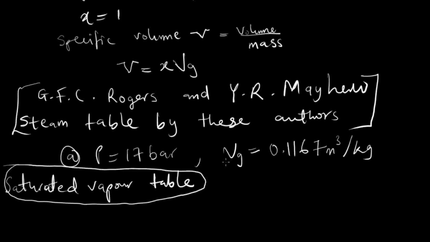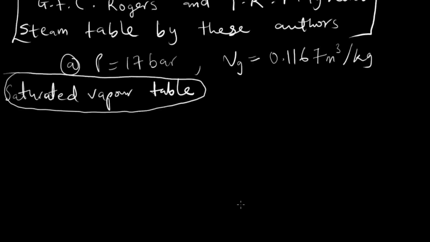That's where you see this, so make sure you check and confirm this value. So the specific volume now will be x vg, but remember our dryness fraction is 1, so specific volume now will be 0.1167 meter cube per kilogram.